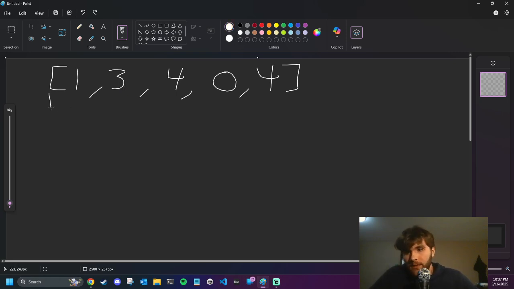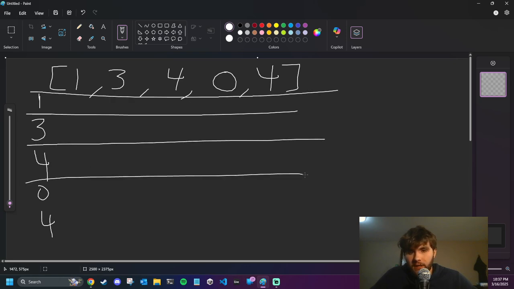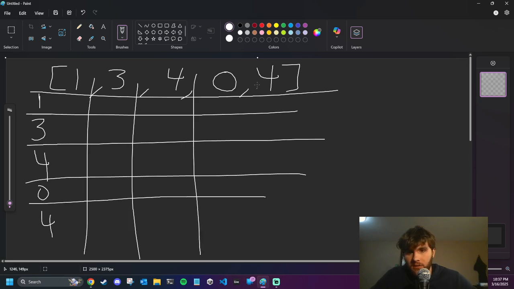Maybe we can represent it like this, and let's say red will be buy and green will be sell.